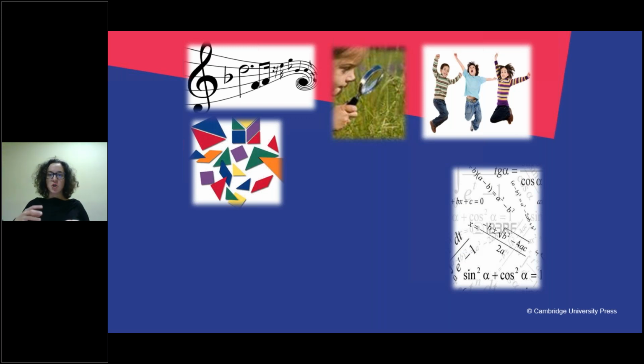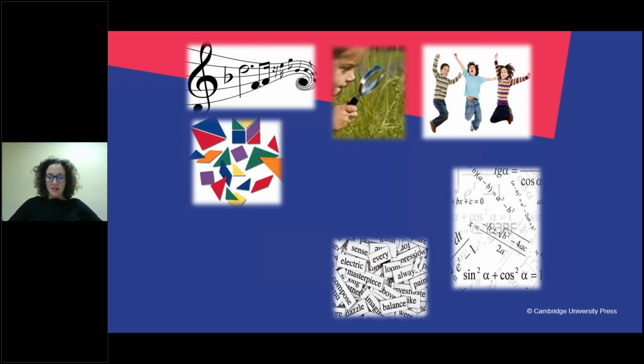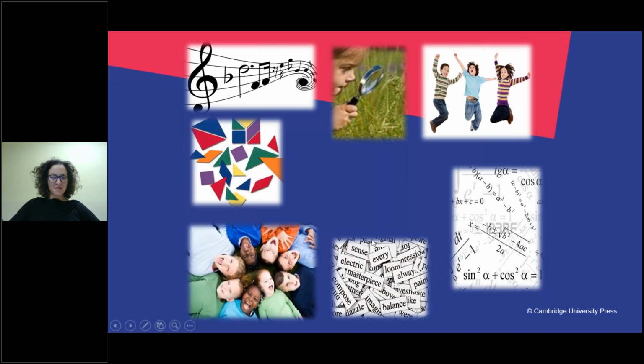So moving is crucial for young learners as well as visuals and musical intelligence, because that's how they discover the world. They move a lot. They cannot sit at one place and concentrate. So physical intelligence is just as important as linguistic at English lessons. Linguistic intelligence, of course, there's no need to stop on it.